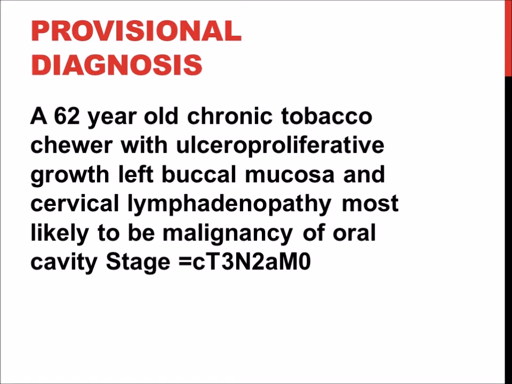cT3N2aM0. Now let me talk a little about staging. This is based on the AJCC guidelines 2018, that is the 8th edition of AJCC, which came recently in the last year. Based on that, the staging has been assessed in this patient. See, you cannot assess metastasis just clinically. You need a radiological investigation to rule it out, and that's why it is M0.